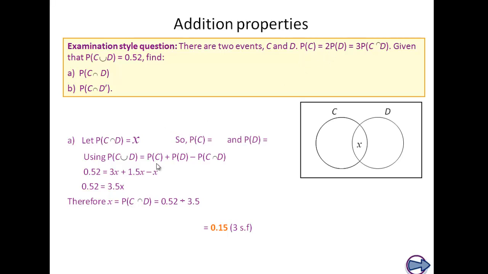So into here we have 3x plus 1.5x minus x, so we get 0.52 equals 3.5x. So x therefore must be 0.52 divided by 3.5, which is 0.15.